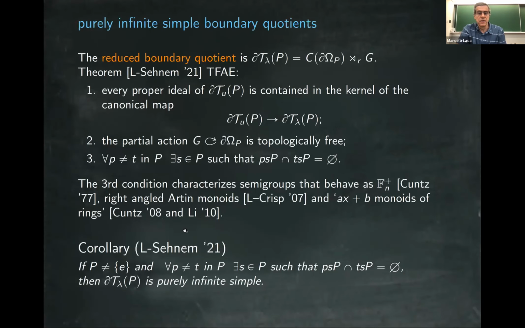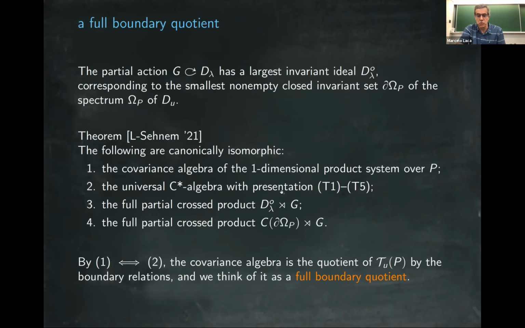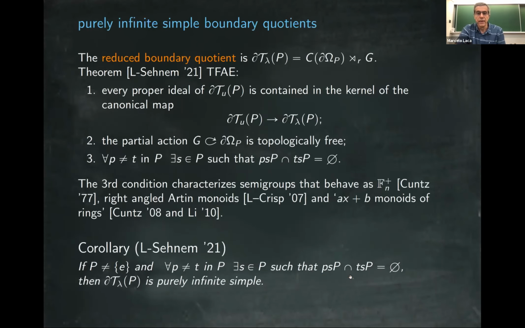And there's another boundary quotient, which is reduced. You can view it as a reduced crossed product here, so there's a boundary quotient d lambda p, which is the reduced crossed product of the boundary action.